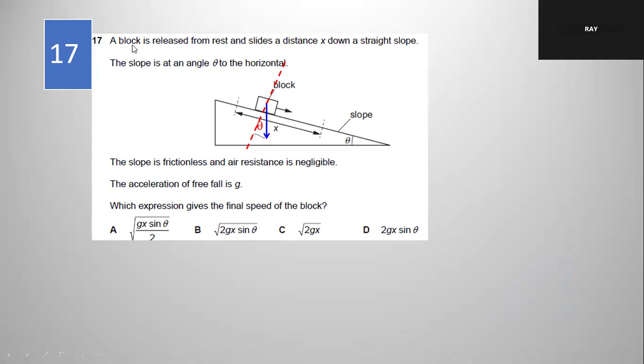What's the answer? A block is released from rest and slides a distance x down a straight slope. The slope is at an angle of theta to the horizontal. The slope is frictionless, air resistance negligible. The free fall acceleration is g.